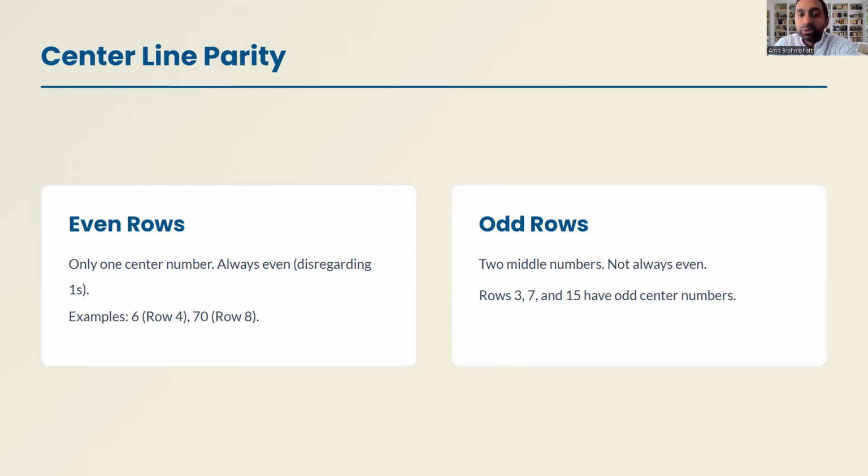For odd index rows, there are two identical middle numbers, and they are not always even. For example, the middle entries of rows 3, 7, and 15 are odd. This parity behavior is deeply connected to the binary representation of integers.